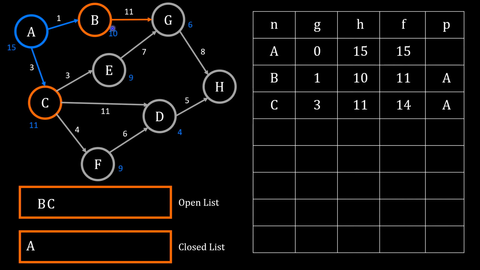Now, the reason why we expand B in this case is because B has the lowest cost function. If we look at all of the cost functions here, B is 11, which is the lowest cost function compared to the others. So that's the one we're going to expand. B only has one neighbor, which is G. So we're going to check G and we're going to add this to the open list.